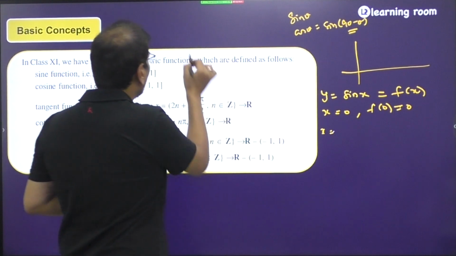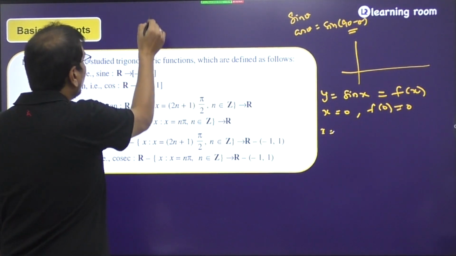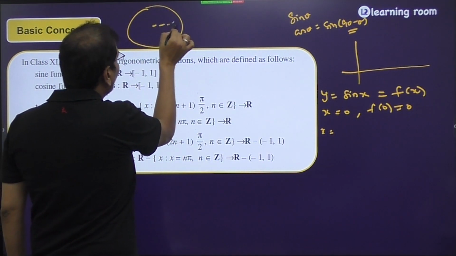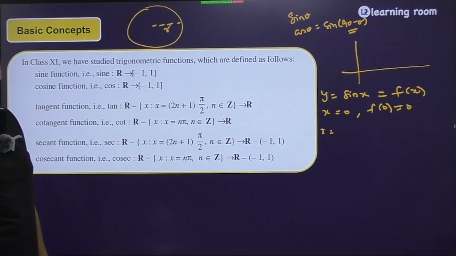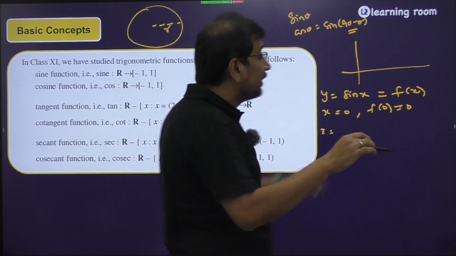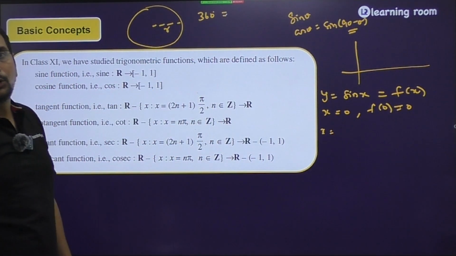Now, if I rotate the compass through one complete revolution, ignore the shape of the circle. If I take the circle's radius to be r, how many degrees am I supposed to rotate it? 360 degrees. If I rotate 360 degrees, what is the equivalent length I am able to cover?